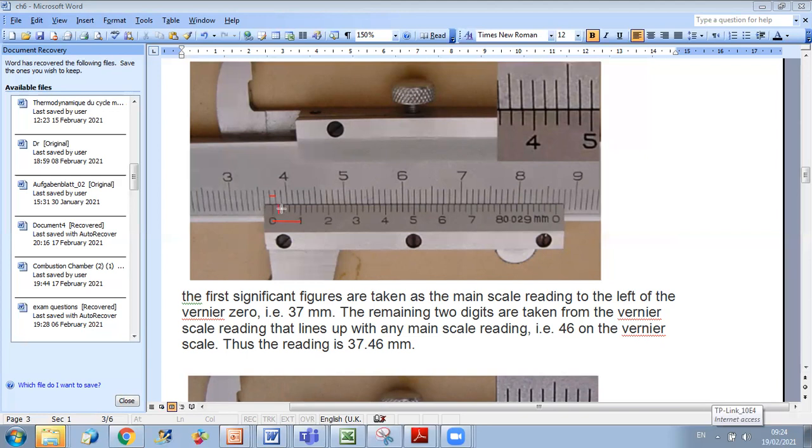So each part will be 0.02 millimeter. Here you are able to read up to 0.02, so this is your accuracy.